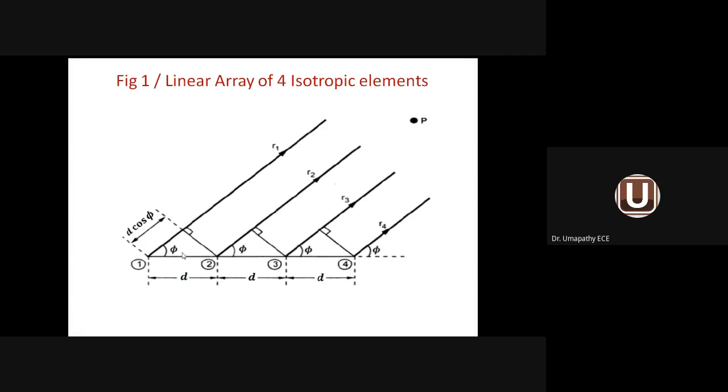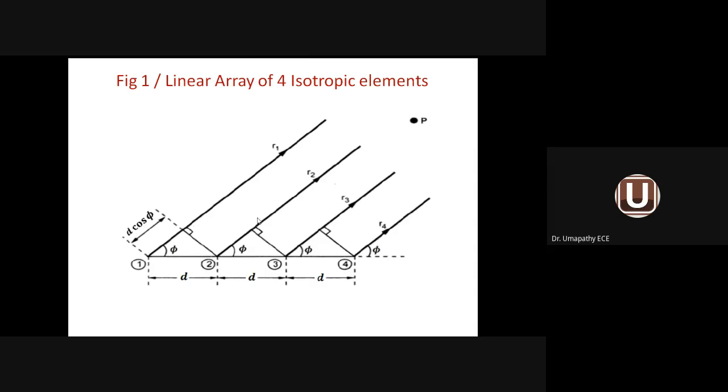And angle phi: the angle between the radiation from an antenna element and the x-axis is phi. Then what is psi? Psi is the total phase difference at the point P because of all the antenna elements. And what is alpha? What is the difference in phase between the first antenna element and the second antenna element?